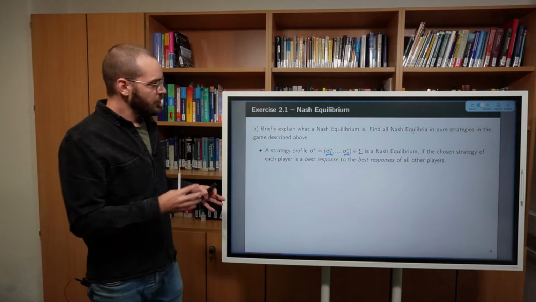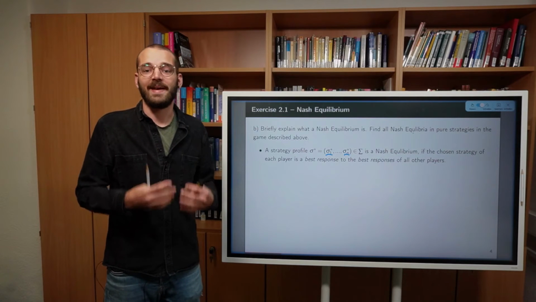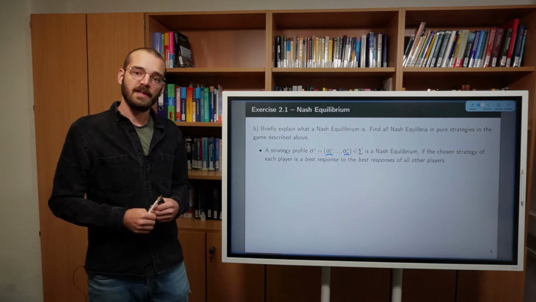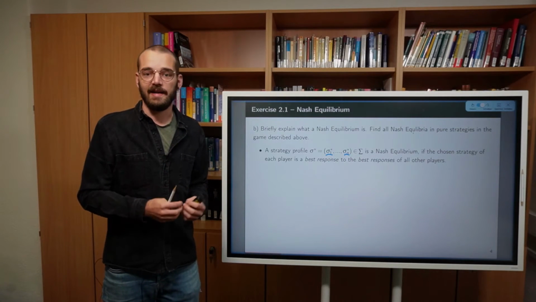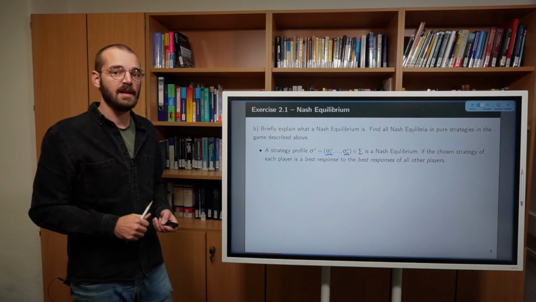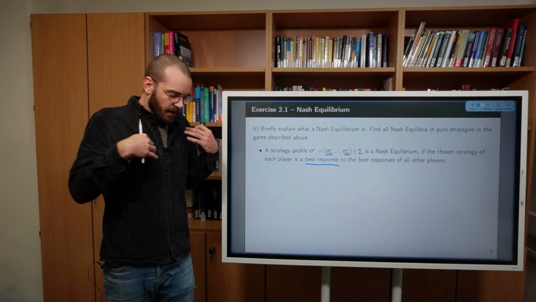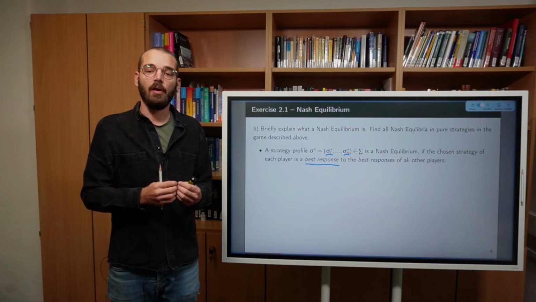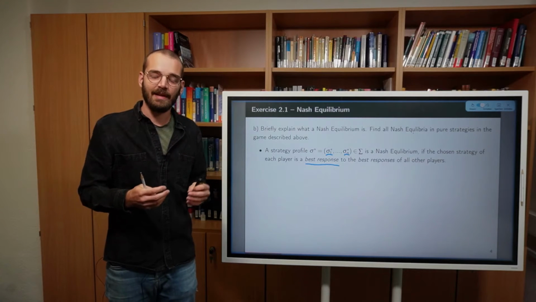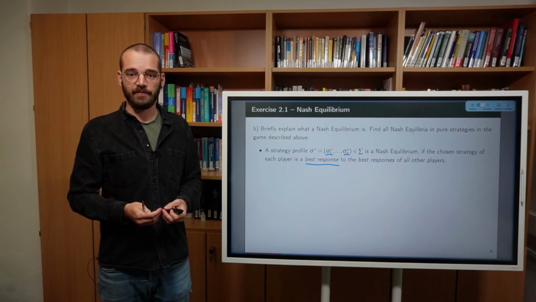Now, in order to understand what this means, we need to understand what is meant by a best response, right? And this will become clearer once we analyze the exemplary game that we are going to talk about in this exercise. But generally speaking, best response means that, considering the strategy of all other players, player i is choosing their own payoff maximizing strategy, right?